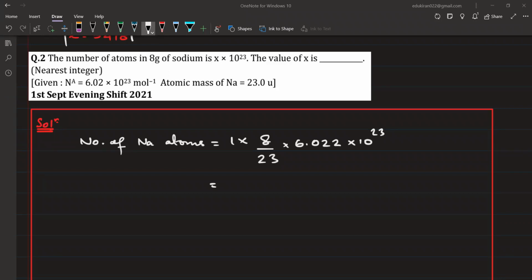Okay, you are calculating. What about Prajwal? Have you also done up to here? Yes or no? Basically here you have to take approximations. It says nearest integer. Yes Prajwal, very good, that is right.